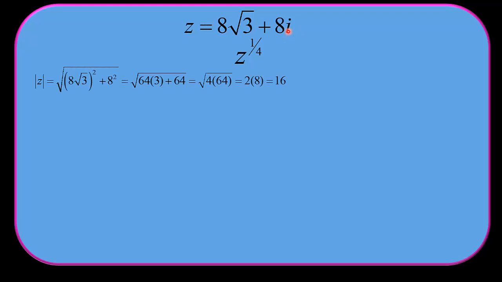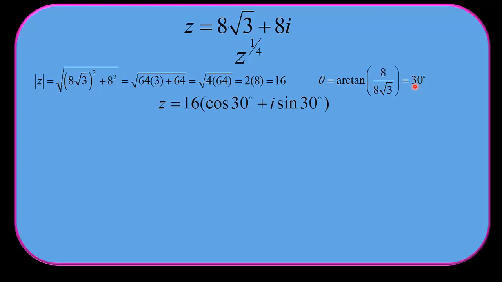So I need a modulus. And here the modulus would be 16. See, I just squared the real part plus the square of the imaginary part, added them, and then took the square root. Now as far as the angle, we've got the imaginary part over the real part, arctan of that, we get 30 degrees. So we have our complex number here.